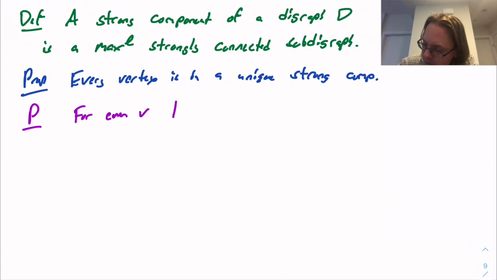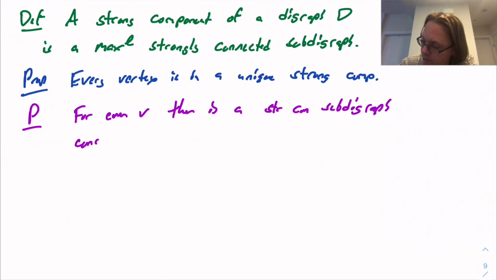For every v, there is a strongly connected subdigraph consisting of v. So that means that every vertex is in some strong component.